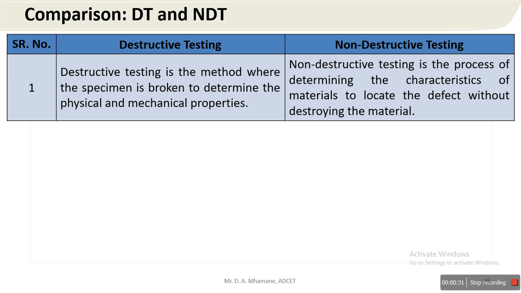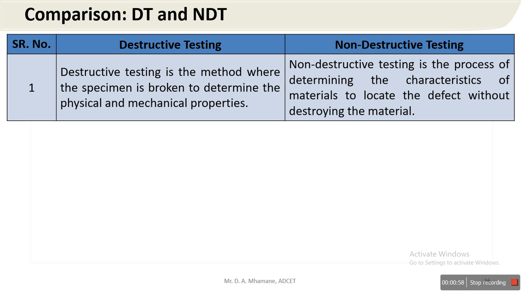So in destructive testing method, it is the method where the specimen is broken to determine the physical and mechanical properties. And non-destructive testing is a process of determining the characteristics of material to locate the defect without destroying the material. In destructive testing, what happens?